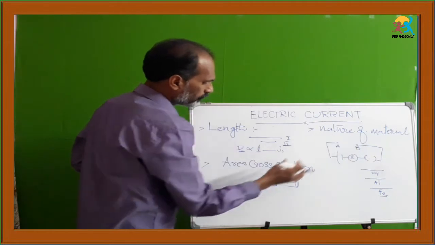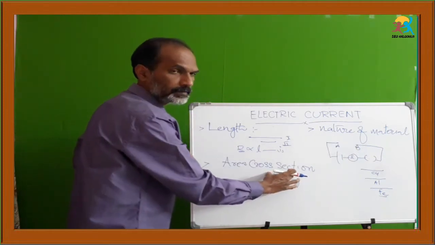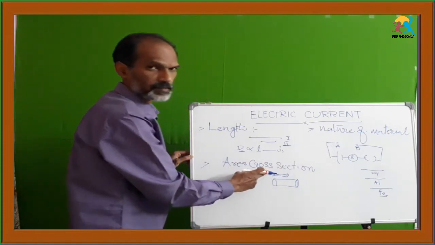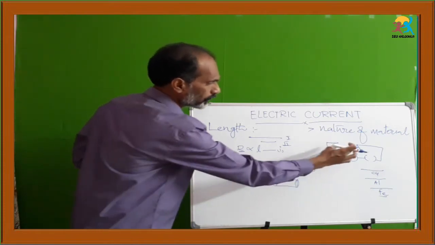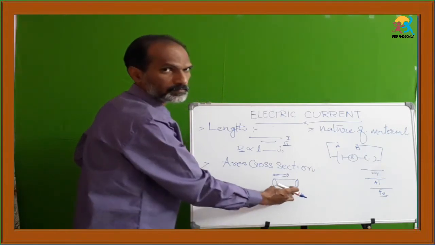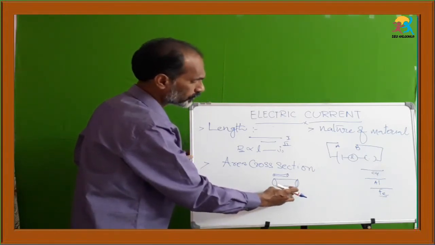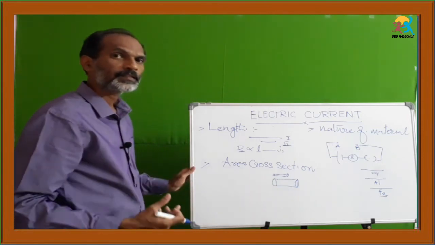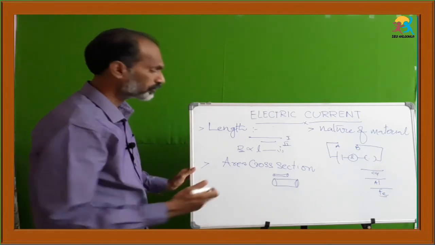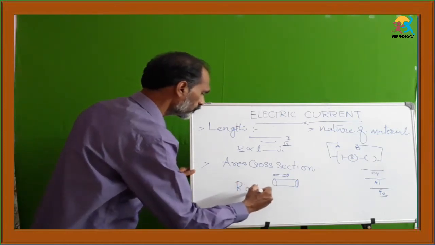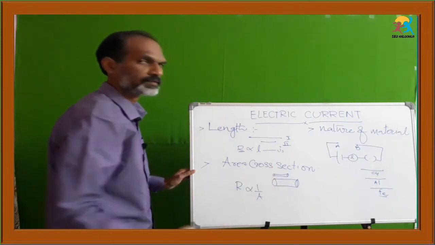If the gap AB is filled with the thin copper wire, it shows higher resistance. If the gap AB is filled with this wider conductor, the one which is big in size, it gives a lesser resistance value. It means the resistance R is inversely proportional to the area of cross section.